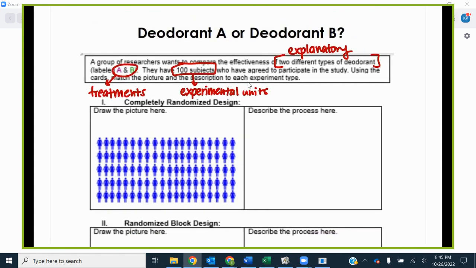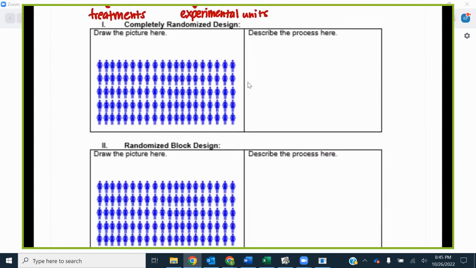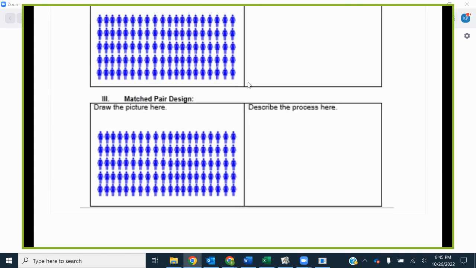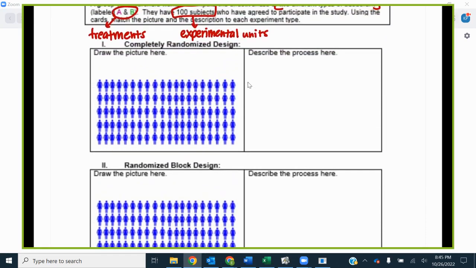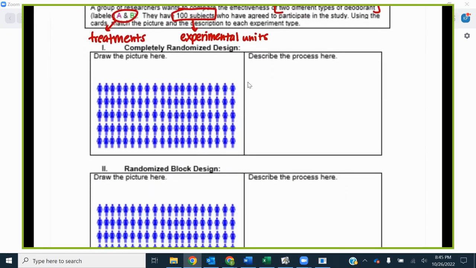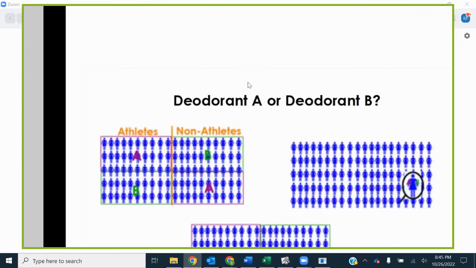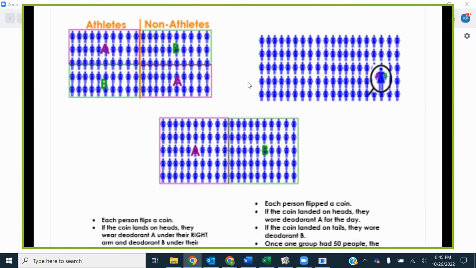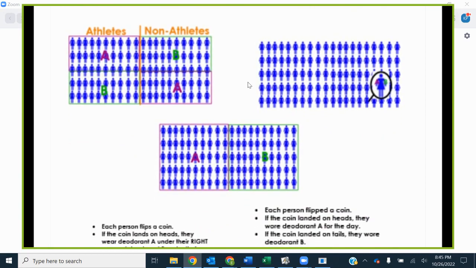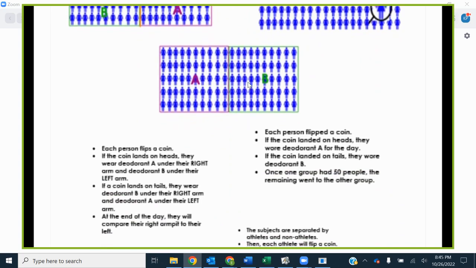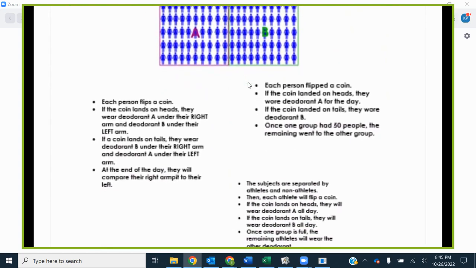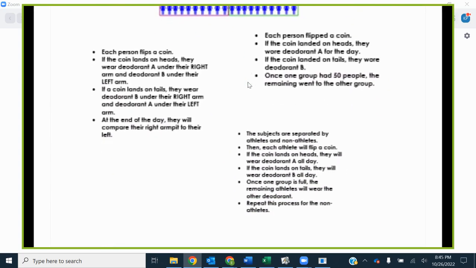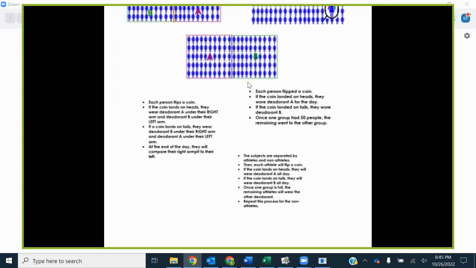On the next page, I'm going to show you some pictures and descriptions that go with these 3 types of experiment, and I want you to try to match them to these 3 blank spots. So here they are. We have a picture with athletes, non-athletes, A, B. We have a picture with each individual getting A and B under each arm, and a picture with just split up group A, B. And then below that, you'll see a description of each type of experiment and the way that we will set it up.